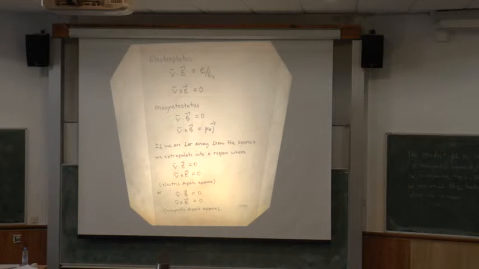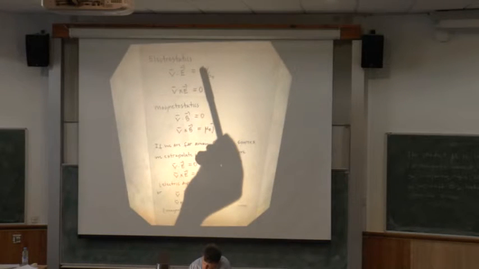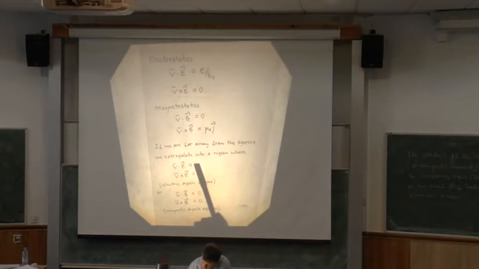So we're looking at the fields in the regime where we're far away from the sources. When looking at dipole approximations, we're extrapolating into the region where we're so far away from the charges that this is tending to zero for the divergence.